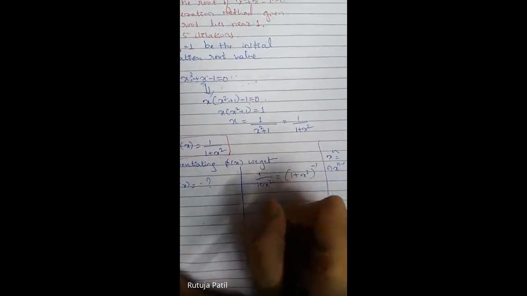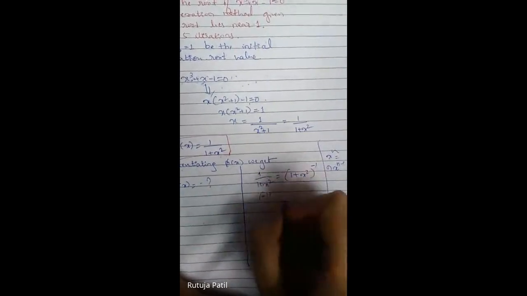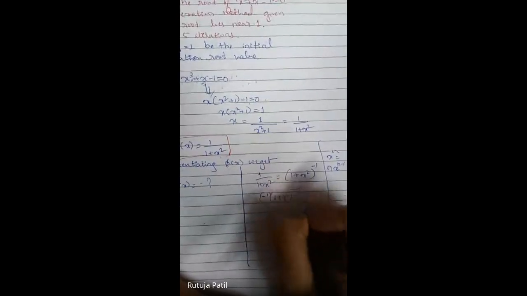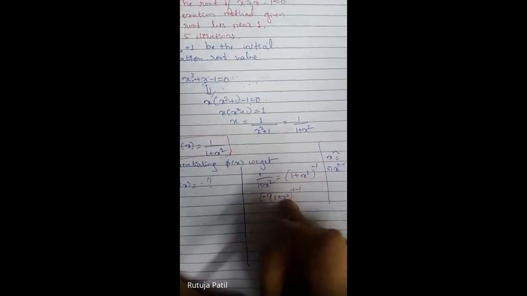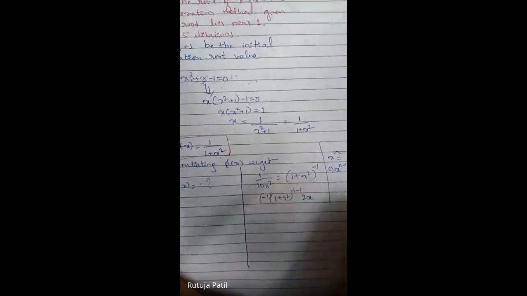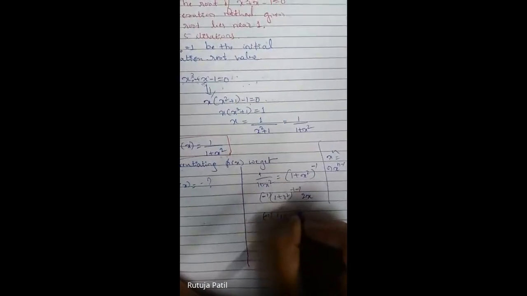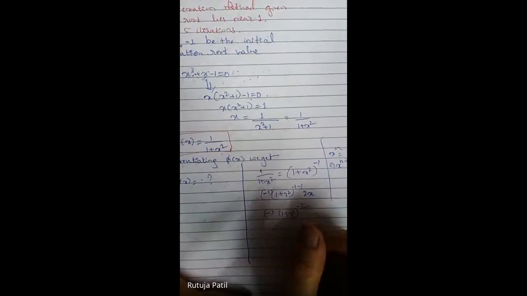Now if I differentiate this, what I'll get? n is minus 1, and x is 1 plus x square, so minus 1 into 1 plus x square to the power minus 1 minus 1. Then, this is not x, this is x square, so the differentiation of x square is 2x. So I'll get minus 1 into 1 plus x square to the power minus 2, into 2x.